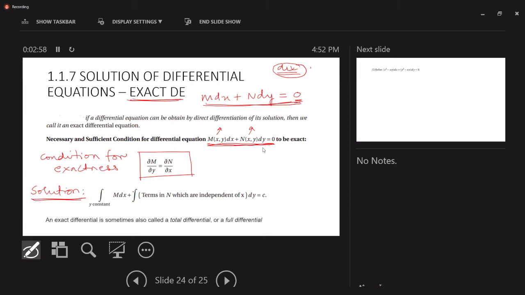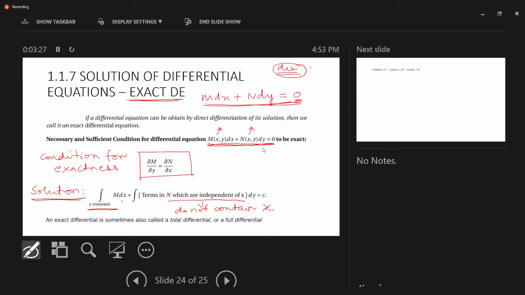Integration of M dx, where we treat y as a constant, plus terms in N which are independent of x. Independent of x means they do not contain x. This is also a very typical type of differential equation, and it has many applications because of this very property that it is a full total differential.